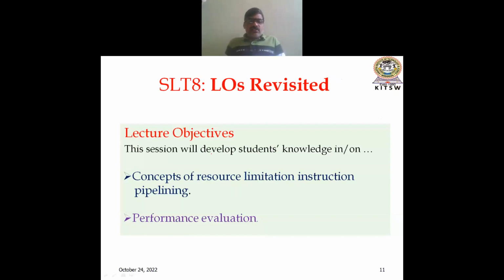So now the learning outcomes are revisited here. After completion of this self-learning topic, you are able to understand the concept of resource limitation in instruction pipelining and how the performance evaluation depends on branch prediction penalties as well as cache misses.